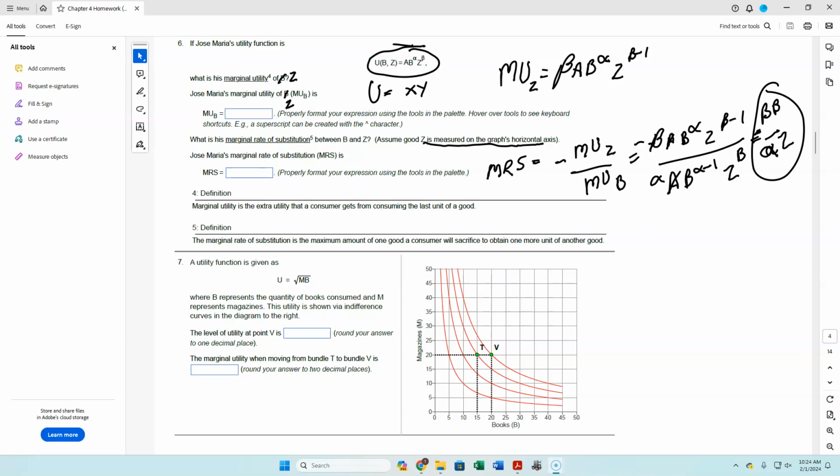Number 7, we've got a utility function, which is essentially MB to the 1/2 power, or square root of MB. And we're told here for the values, we've got T at 1520, V at 2020. So then we can solve this here.